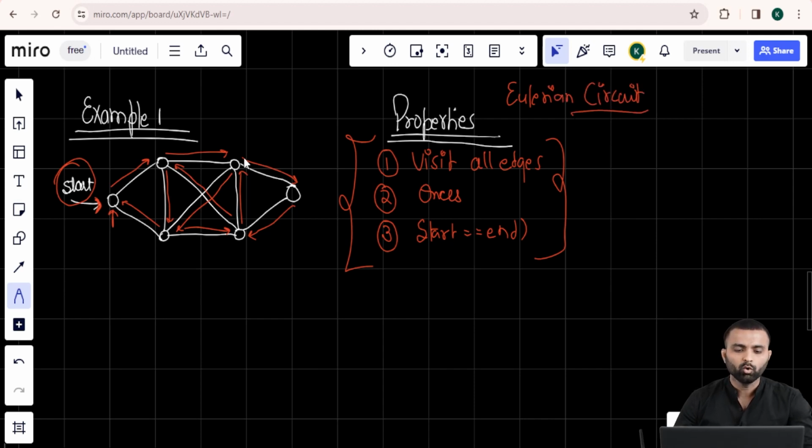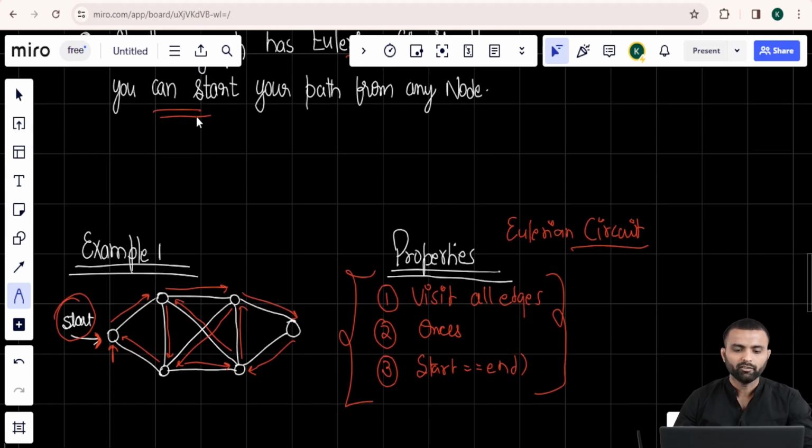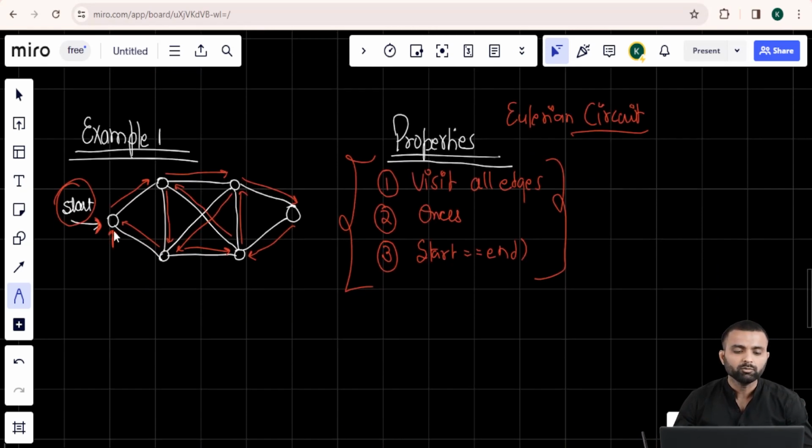The second note is that you can dry run this part also. If the graph has an Eulerian circuit, then you can start from any node. In this case I am starting from this node. If you start from this and go along the path, this node also follows the property of the Eulerian circuit.